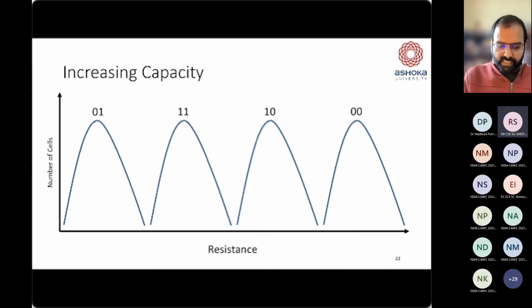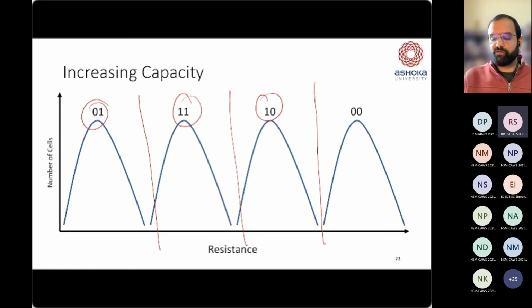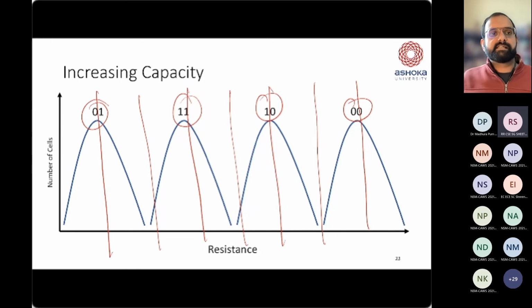Now I can take that same resistance range and break it down into multiple resistance ranges, and I can store multiple bits of information with each one of these ranges of resistance, right? And as you can imagine, I can keep breaking these down into even smaller ranges, and that again is a function of how well the circuit designers are able to provide circuits that can be programmed in a very small resistance range.